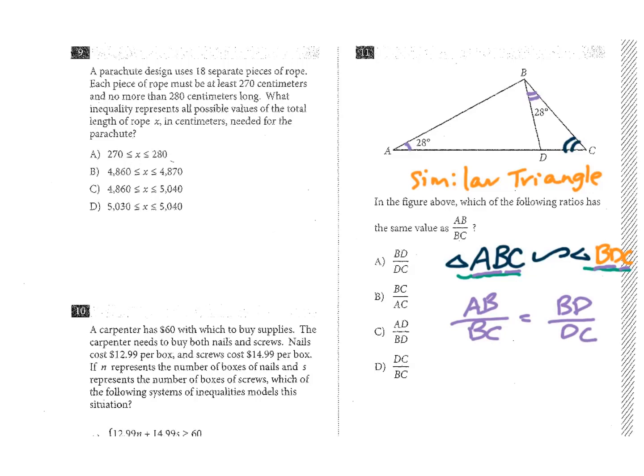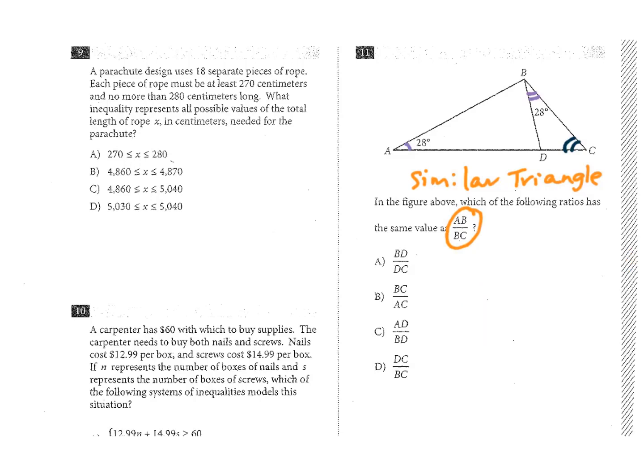Or another way to figure out AB over BC is to check the corresponding angle and the corresponding side. For triangle ABC, the corresponding angle for AB is C. The corresponding angle for BC is angle A. Then angle C equals angle C, and angle A equals angle DBC.